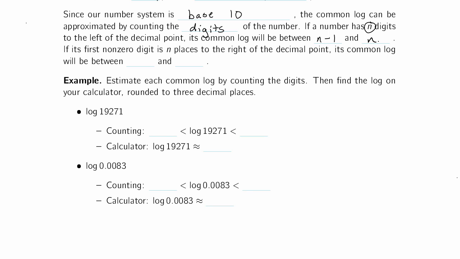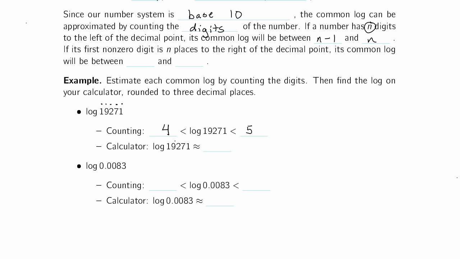So it's less than the number of digits, but it's more than the counting number before that. So take a look at this example. I've got 19,271. That has 1, 2, 3, 4, 5 digits. Its log has to be less than 5, but more than 4.